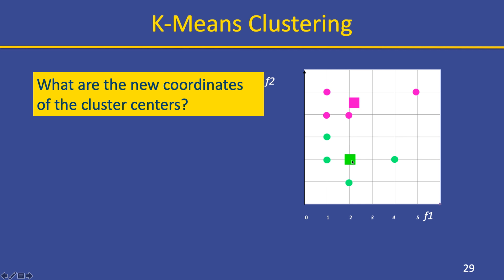Where do we move the new cluster centers? What are the new coordinates of the cluster centers? So what happened here is that none of the assignments has changed. The points kept their previous assignment. So now the cluster centers are actually at the means of the points that are assigned to them, so there's no movement here.